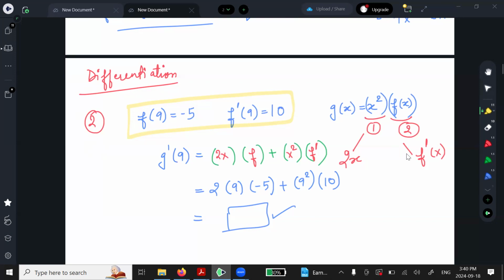Okay, calculators are okay. You can use the calculator, but no phones and no laptop. Okay, good luck.